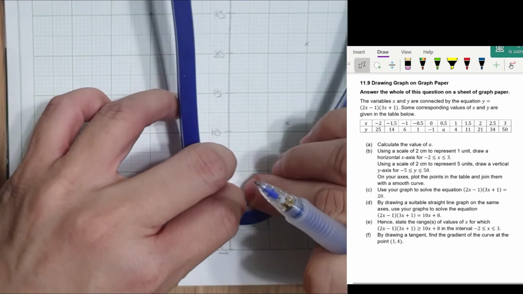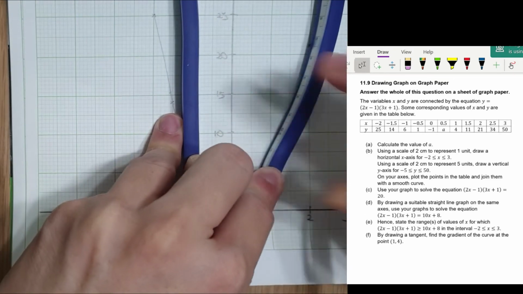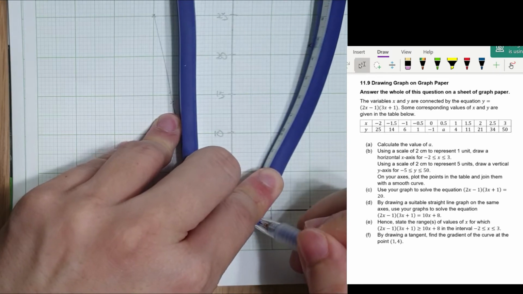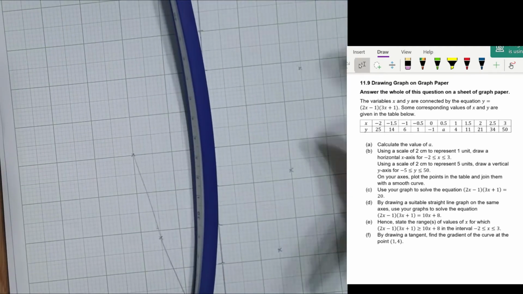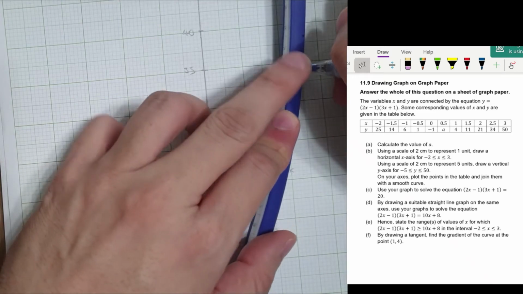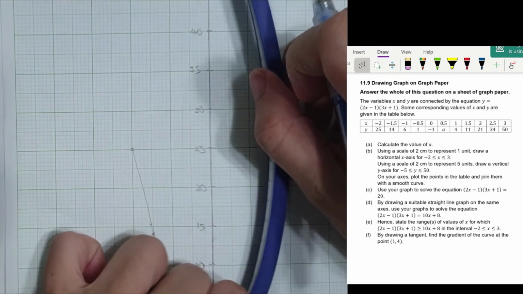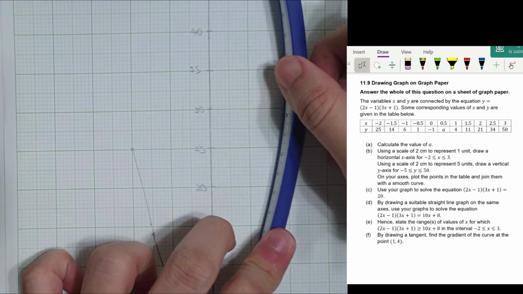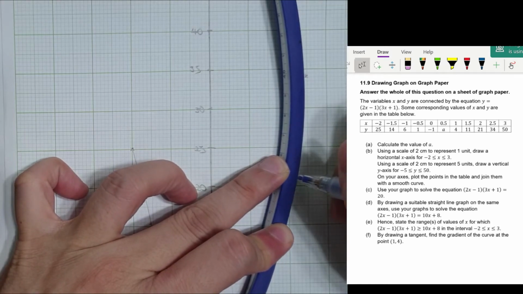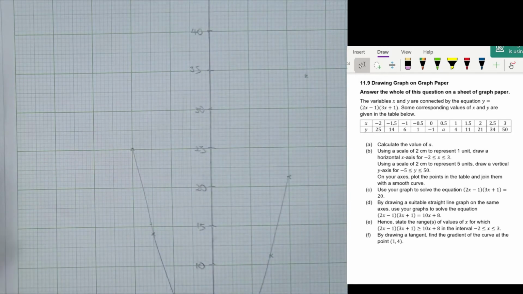Okay, and then curve it out to the other side. And then the last 3 points which curve upwards like that is easy to draw, so we will just curve it upwards.